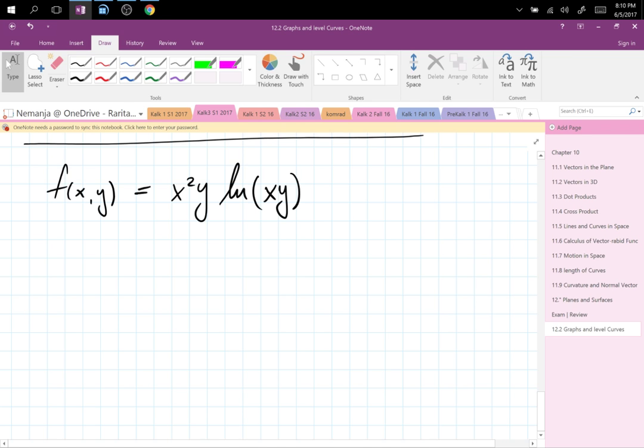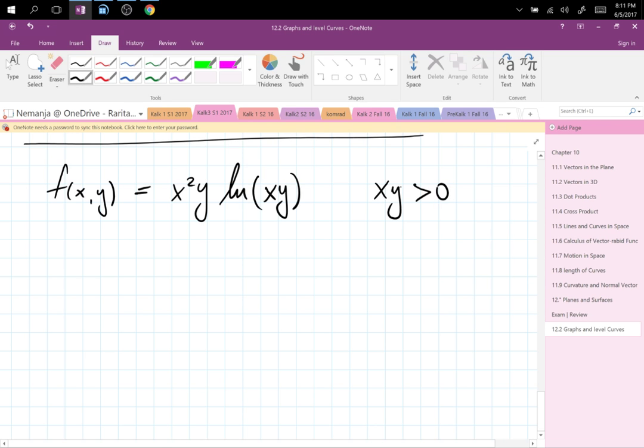So now I know that x squared and y go from negative infinity to positive infinity. The issue is clearly with ln of x times y. Again, you are in Calc 3. What you need to know from your pre-Calc class, five courses ago, is that for ln, you take the argument and you make it larger than 0.